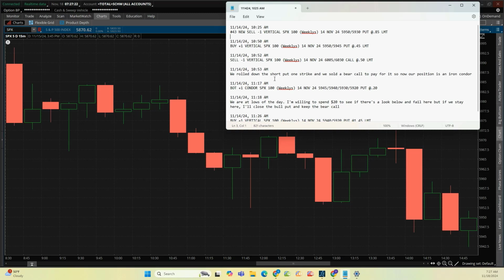Okay, so ultimately, with this kind of price action, I have to get the idea that this trade isn't working. I gave it one last shot. This is at 11:17, and that basically is roughly during this candle.